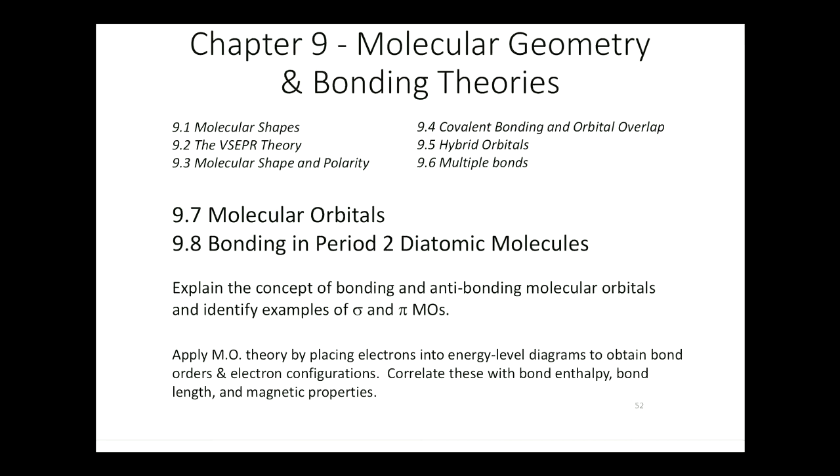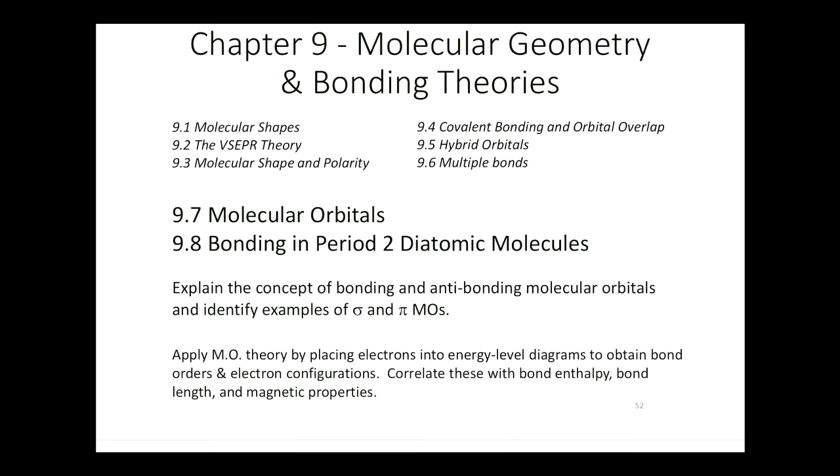Electrons are waves. So now we have to apply the wave nature of electrons, but we also have to keep in our back pocket that orbitals overlap in space, so we need to think about valence bond theory. So wave nature and orbital overlap.